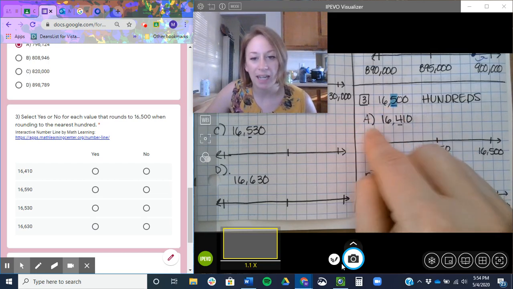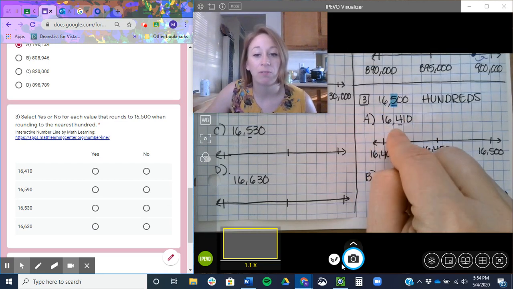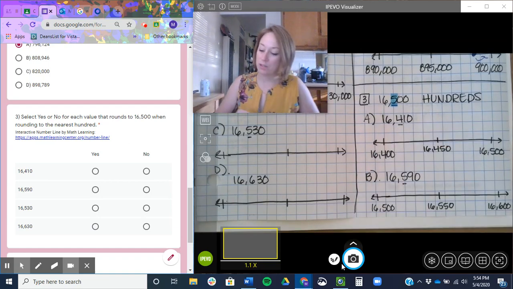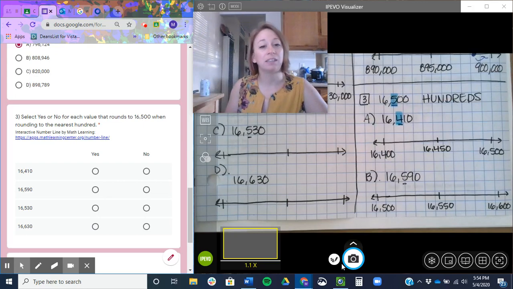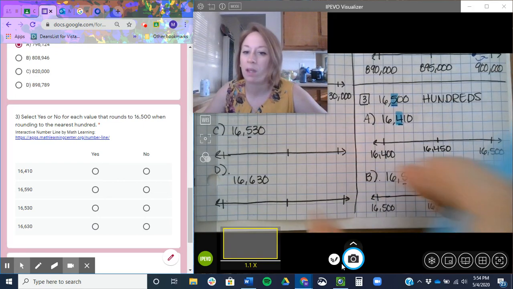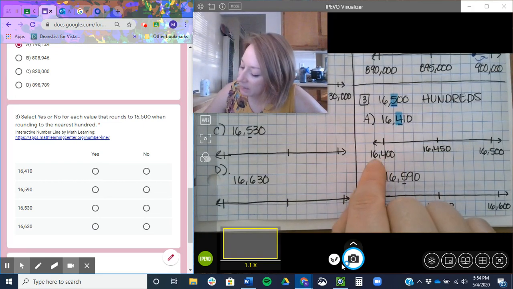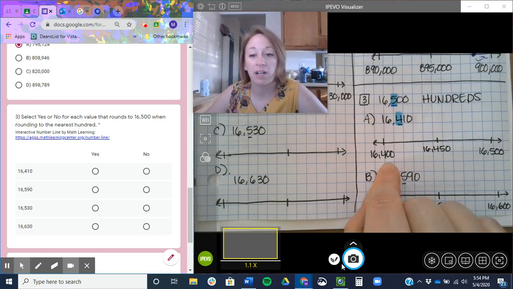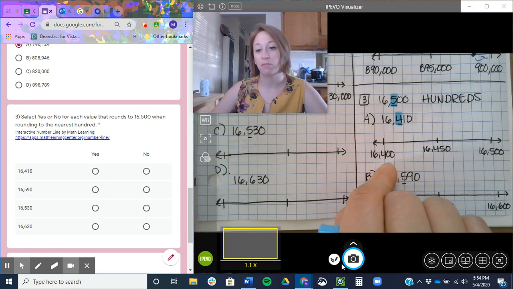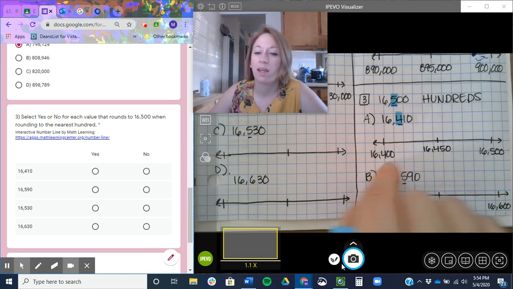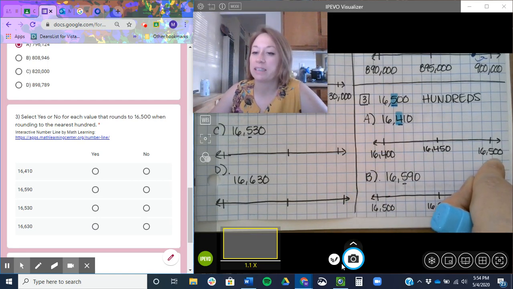Well, choice A is showing 16,410. So the digit that represents the hundreds is the 4. So then I'm writing 16,400 because that is the hundreds that's closest to 16,410. The next hundred is 16,500.